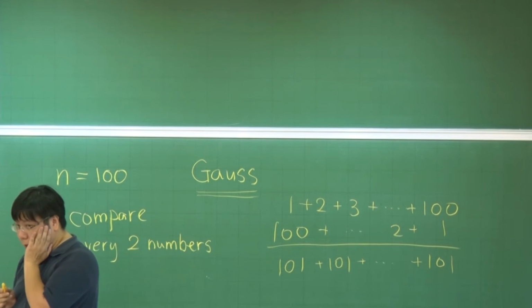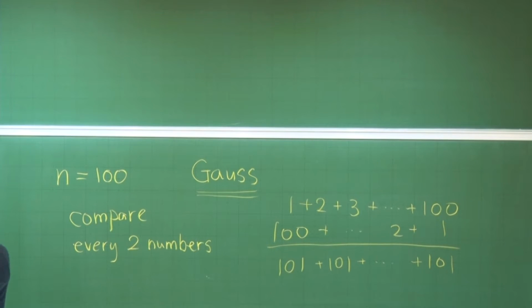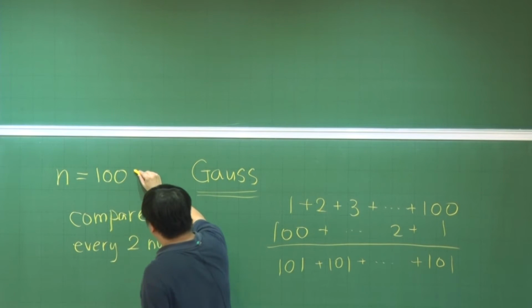That means that if you have a computer that runs with 4 gigahertz, then you can solve a problem of n is equal to 100, of course, very quickly, because it just takes 5,000 operations, roughly. So it is very, very quick. But for a problem of size like this, is that okay?